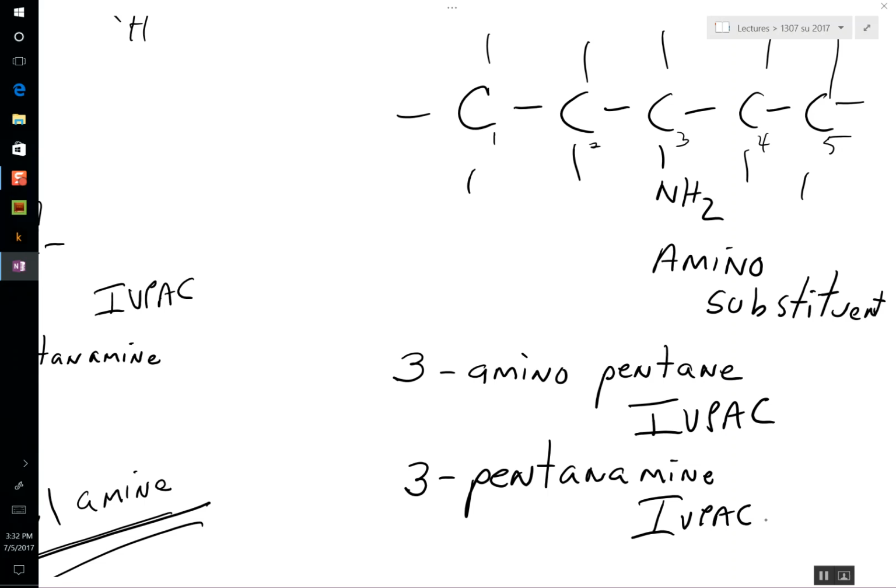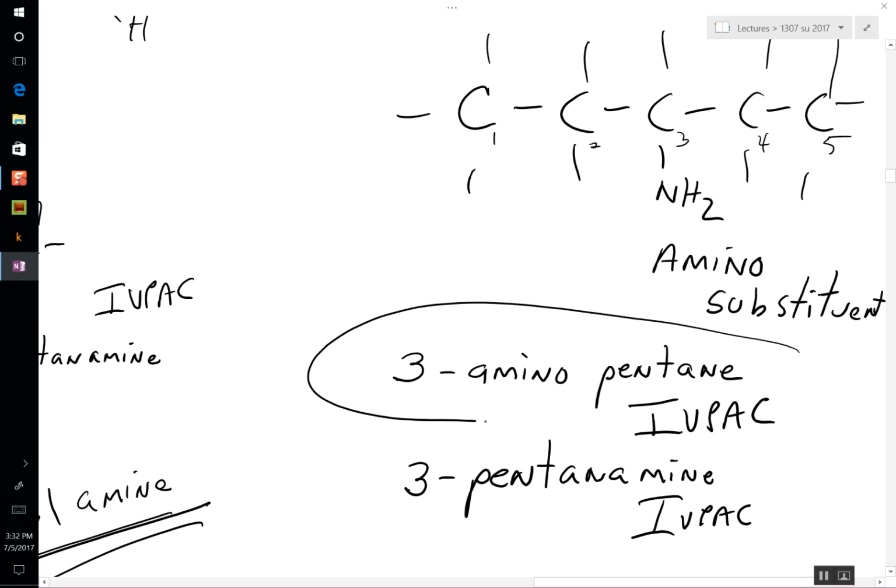Both of those would be correct. These are both correct names for that molecule. Either one of them. This is what I prefer. That is my baseline. That would be what I would present to you and say, when you can, treat the amino group as a substituent.